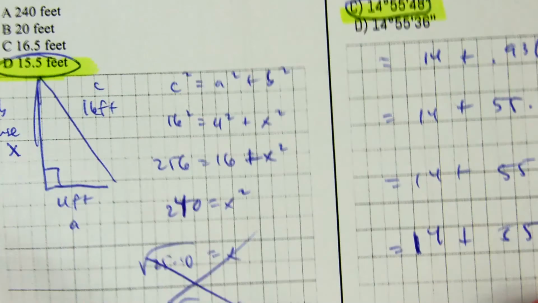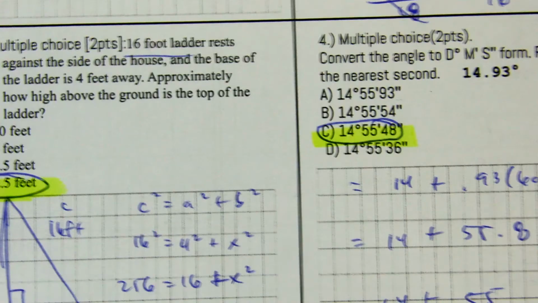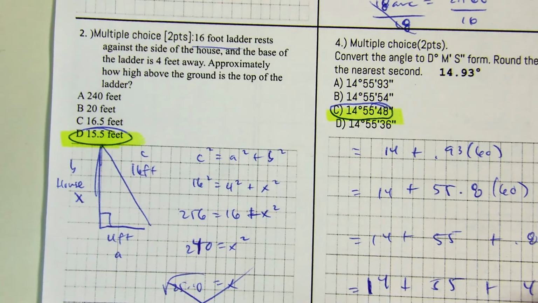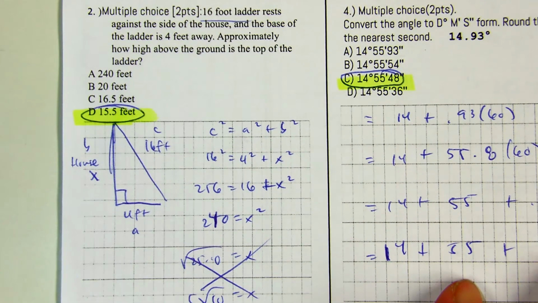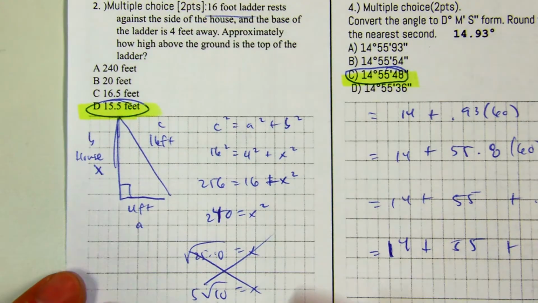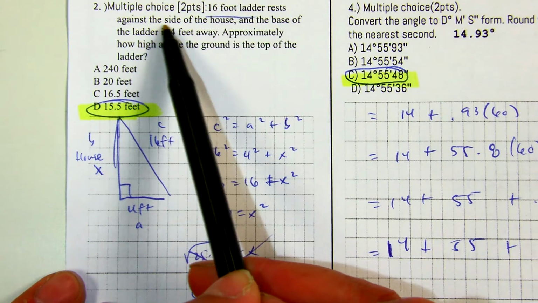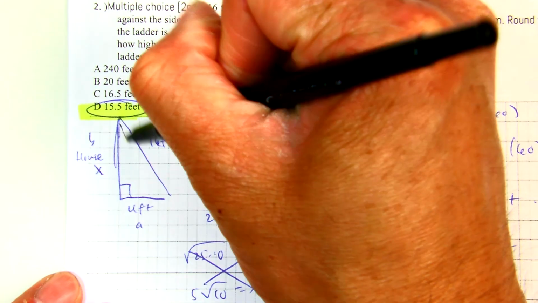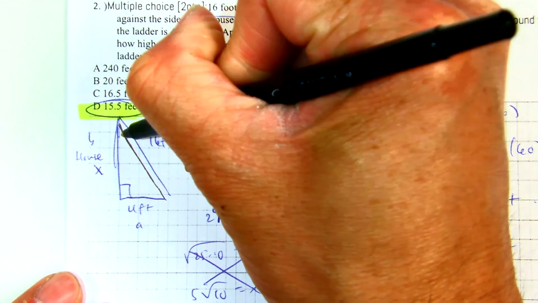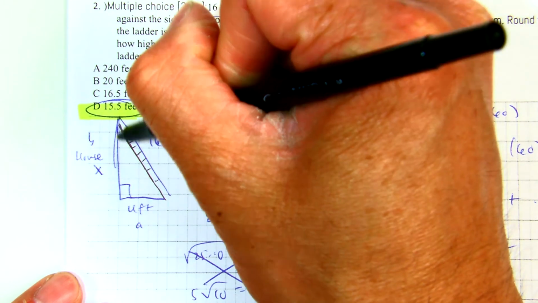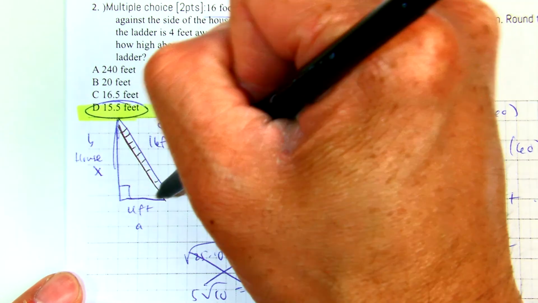Question number 2. A 16-foot ladder rests against the side of the house. So you are going to need some common sense that the ladder is not parallel. It's so tall it kind of needs a slant, right?